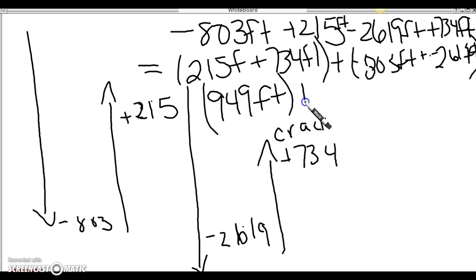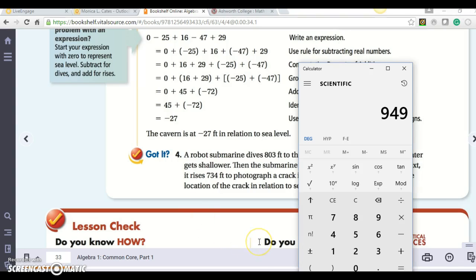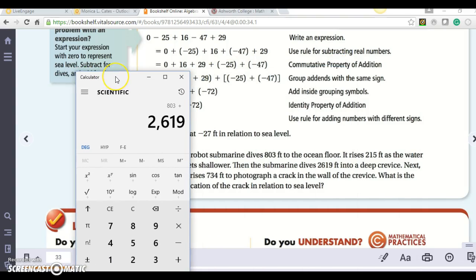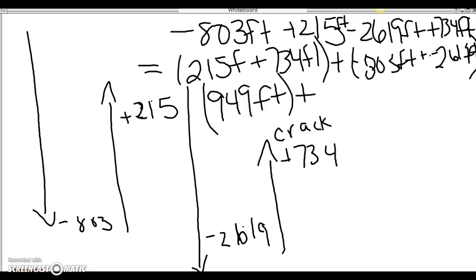And that's positive. Plus negative 803 plus negative 2619. Remember, we add them because they're like terms. And that's 3422, and it's negative. And I'm going to subtract those now.